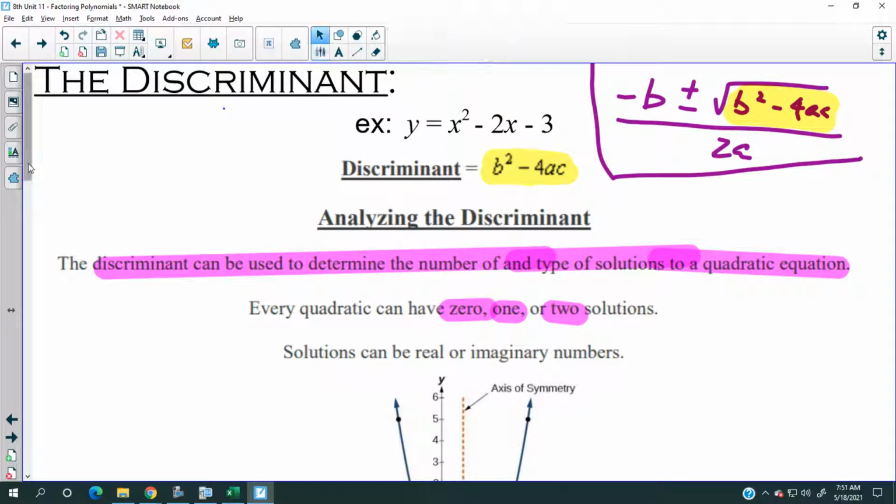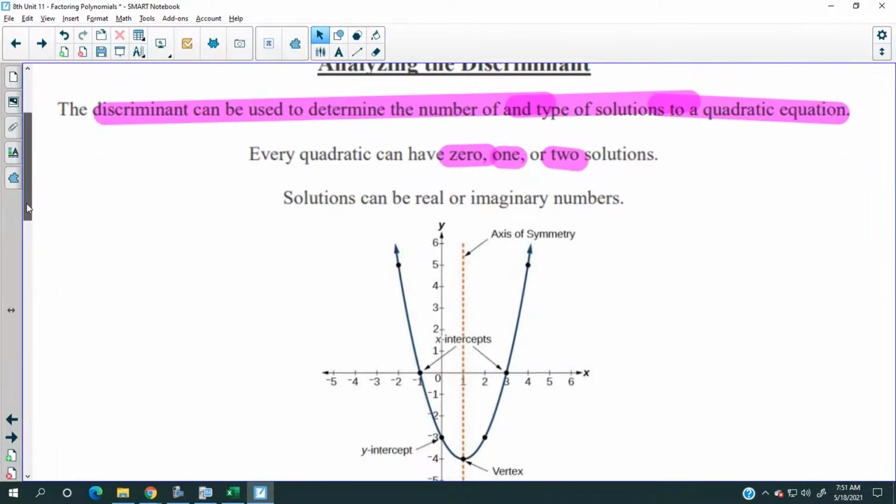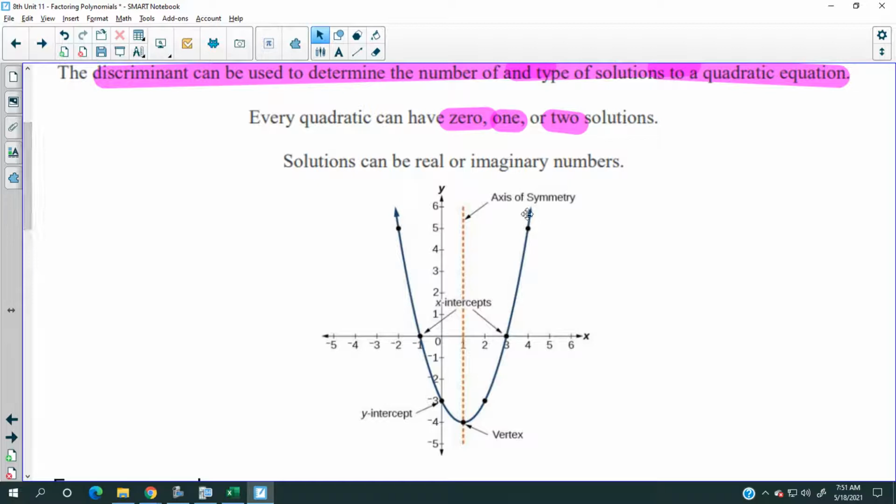So for example, let's look at it graphically for a second. Here we got our good old standard graph that I've been using for like 2 months now. Have you noticed for this question, there are 2 solutions? We got one here and one here. So that's a 2-solution quadratic function.